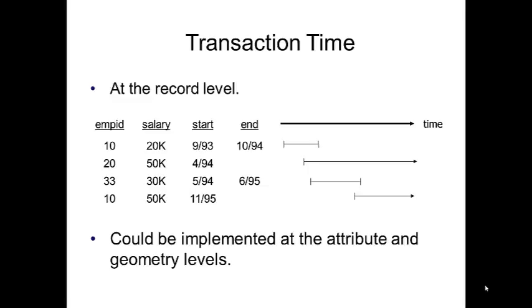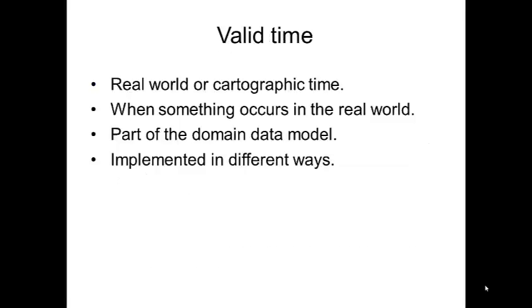So there are alternative models. That would result in a far more complicated model, but it may be more efficient for data volume stored. So it's a design decision which is the most appropriate approach to take. Now, that's all I've really got to say about transaction time.